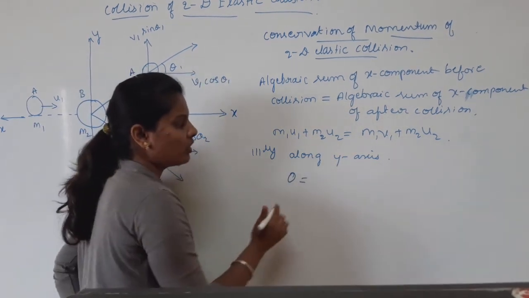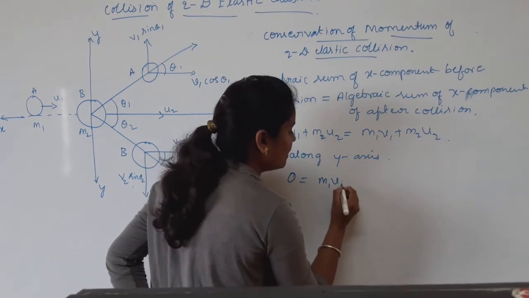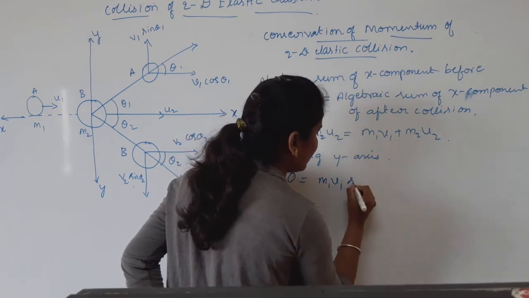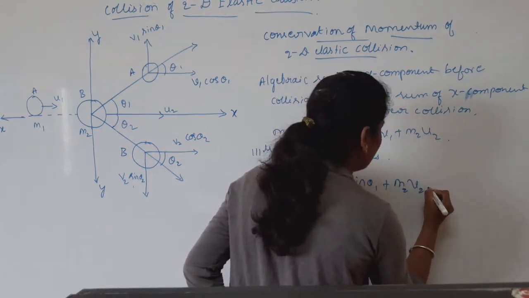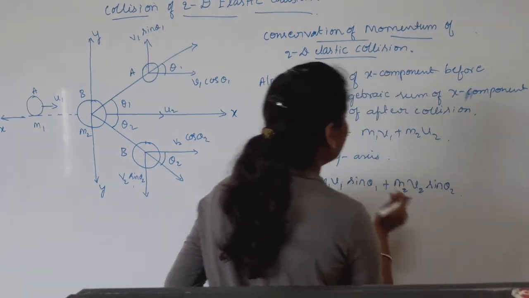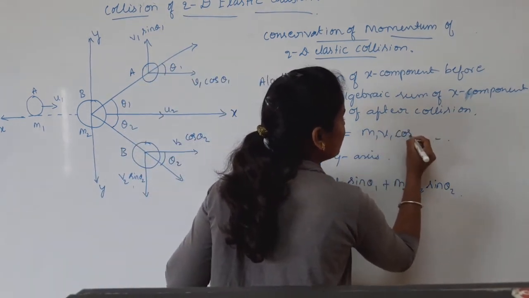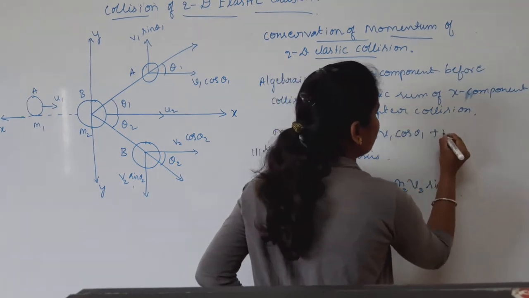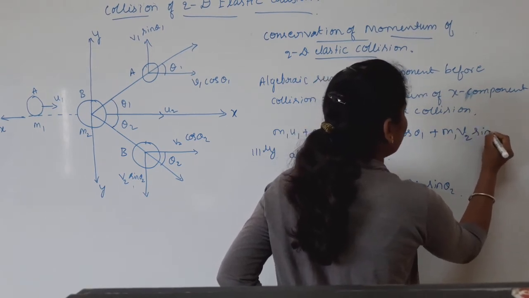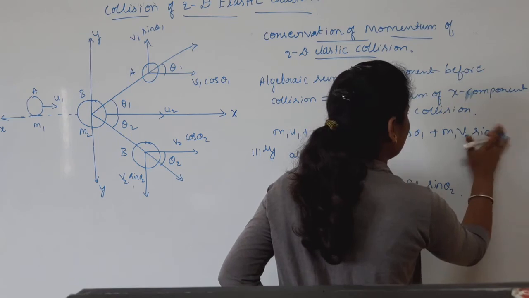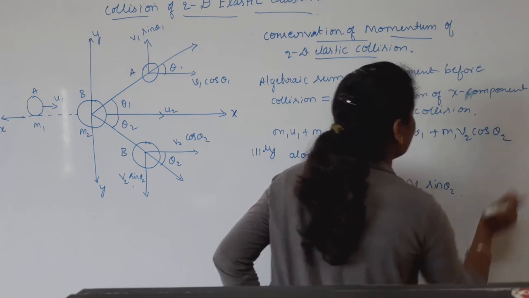Before collision it is 0, equal to m1 v1 sin theta 1 plus m2 v2 sin theta 2. Along the x-axis, it is m1 v1 cos theta 1 plus m2 v2 cos theta 2.